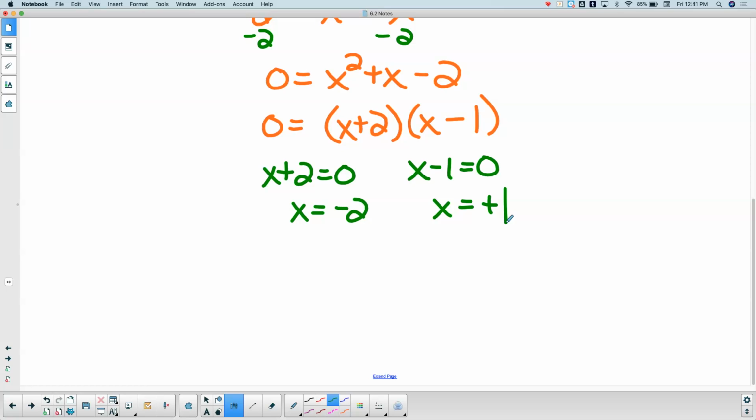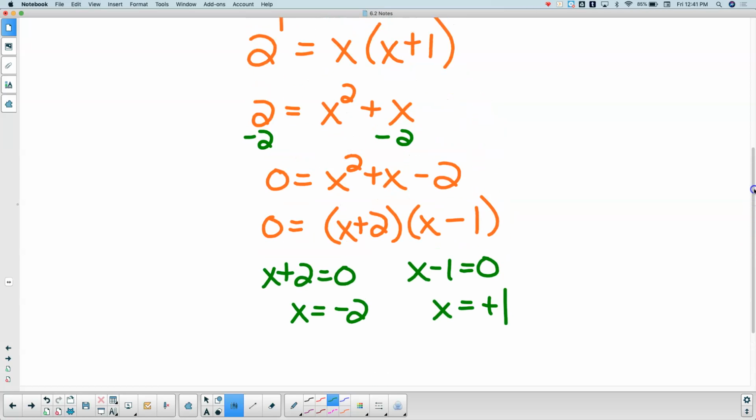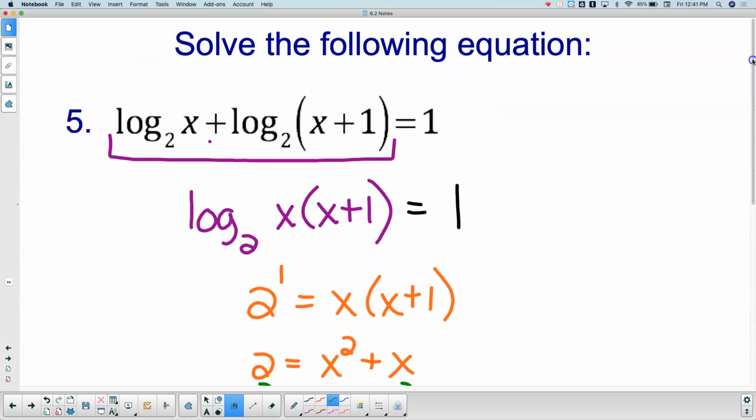Answers? You gotta check them. Where do I go about checking them? Into my original equation, right? So if I go with negative 2 here, I get log base 2 of negative 2.